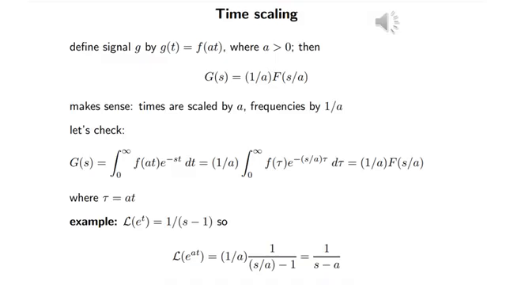It is 1 over a times, where we replace s everywhere with s over a, and 1 over a will be coming out of the integration. So 1 over a multiplied by 1 divided by (s over a minus 1), and the answer is 1 over s minus a. We know that e^(alpha t), we have confirmed it through the process of integration, is 1 over s minus a.